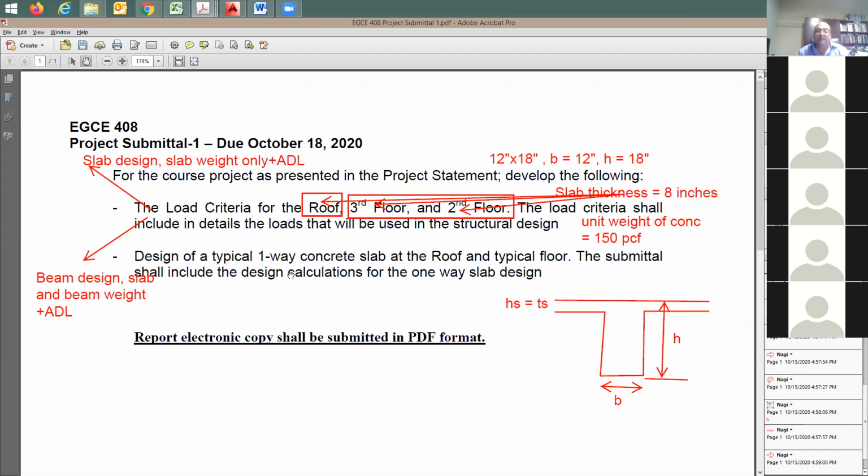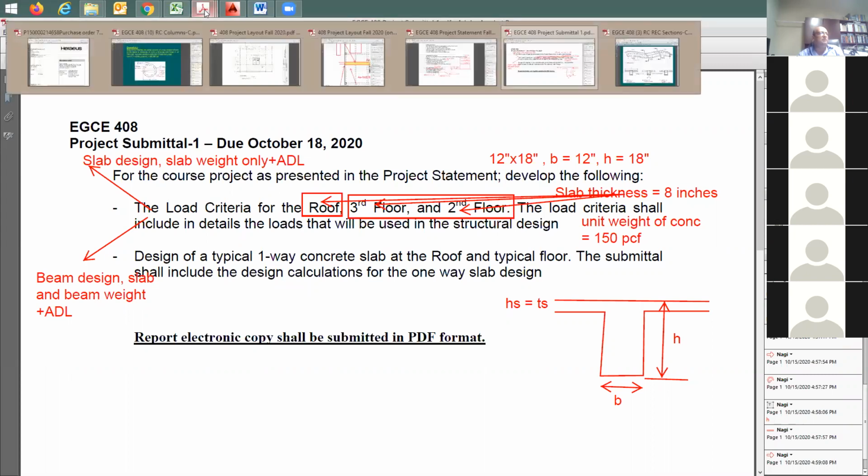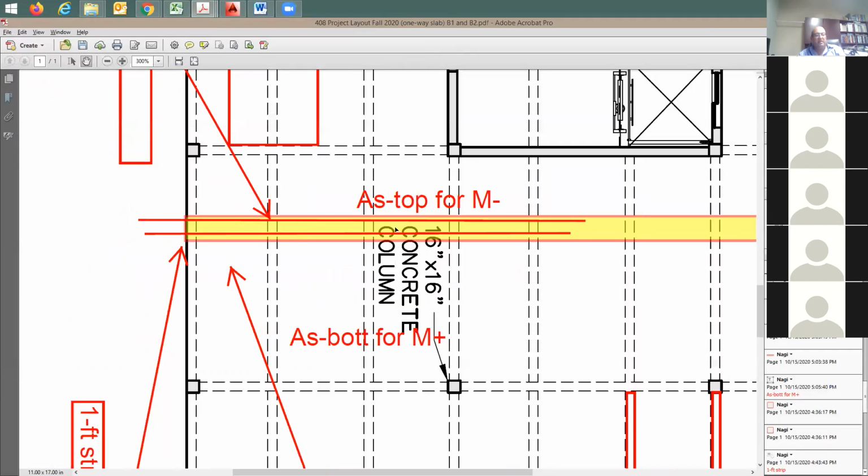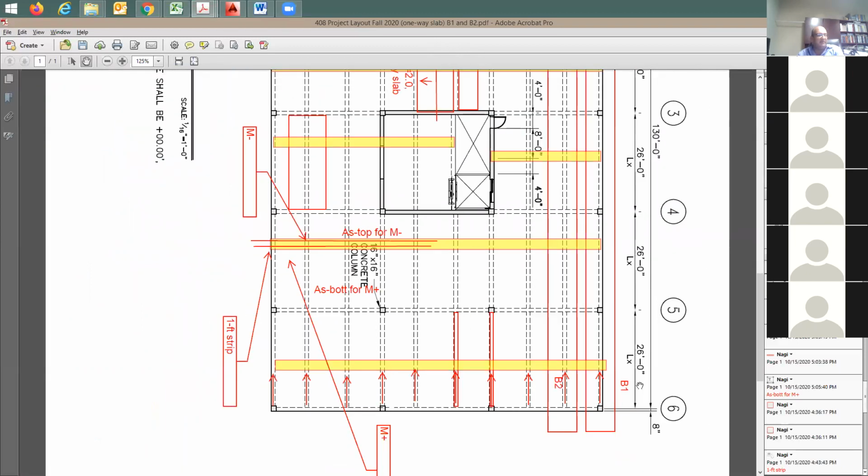So this is going to replace the homework. Instead of giving you this as homework, I'm just doing it here for the same plan. When you look at this plan, you say, okay, we are trying to put this building together, and here's the design of the slab, right? And then when it comes to beam design, I'm going to ask you to do B1 and B2 only. Later on, we're going to do this wall only.